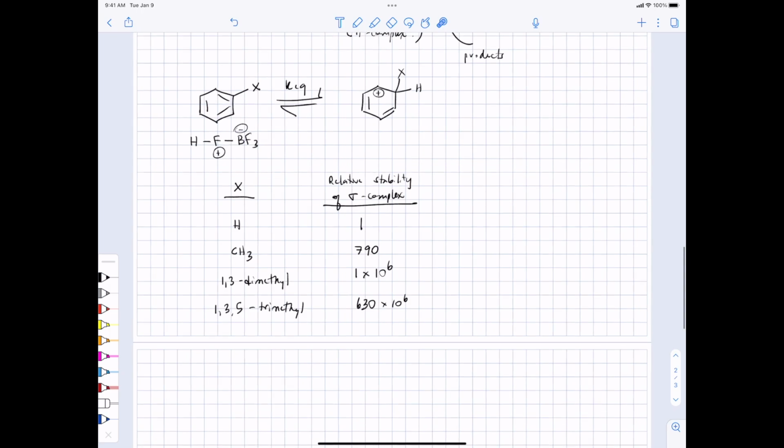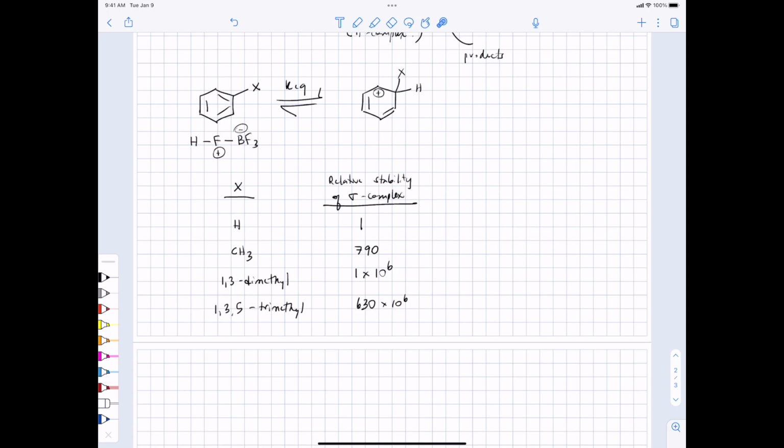Okay, so that's one way to assess the impact of substitution on the benzene ring on reaction rate. And remember, this was a subtle difference in introductory OChem. You had substituents and they would have an effect on the rate of the reaction, and then they would have another effect on the regioselectivity. And you had some groups that were called activators that made the reaction faster.